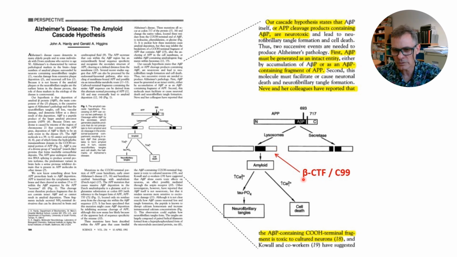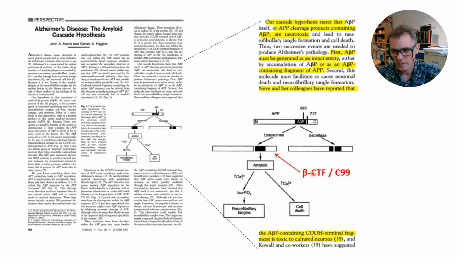This is known as the beta C-terminal fragment, beta CTF, also known as C99, because it involves the C-terminal of the protein, as proteins are defined as having either an N-terminal or a C-terminal, and it's 99 amino acid residues long. But I think the name beta CTF is better. At the moment, these two names are bouncing around in the Alzheimer's field and possibly causing some confusion.